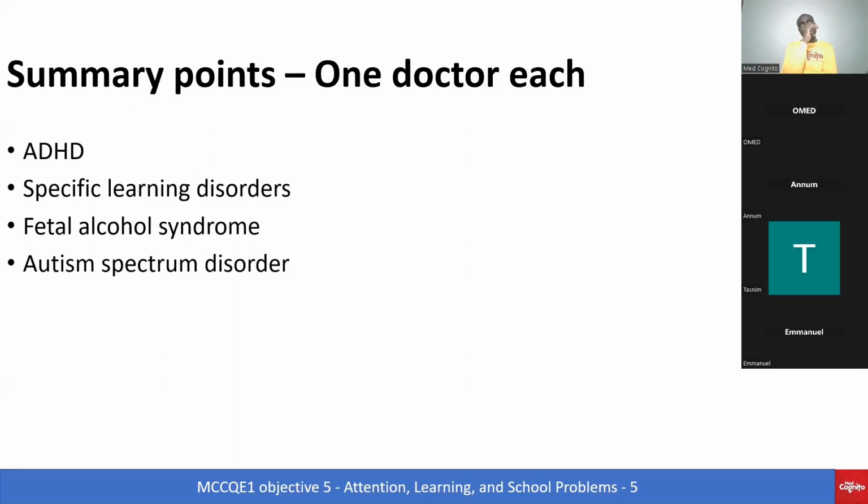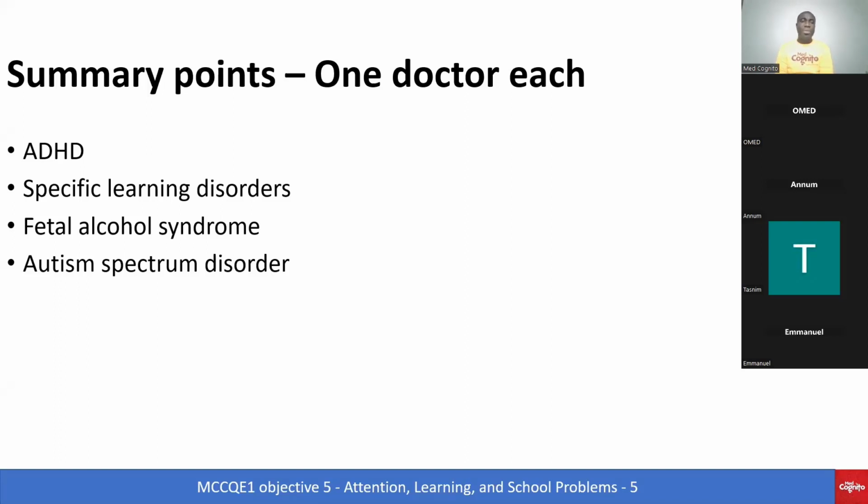Regardless of age, we always start with non-pharmacological treatment, which is psychoeducational support, academic support and accommodation, family support, and social training. For age above 6 only, we can do pharmacological treatment: methylphenidate, amphetamine, the stimulants, first line. Second line, non-stimulant, atomoxetine. Third line will be clonidine or Wellbutrin.